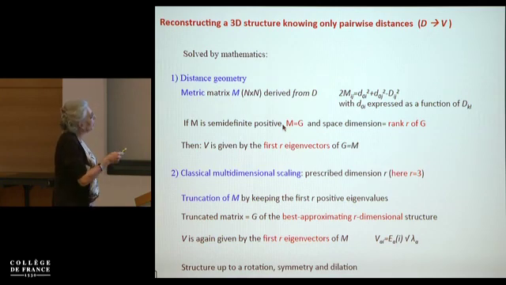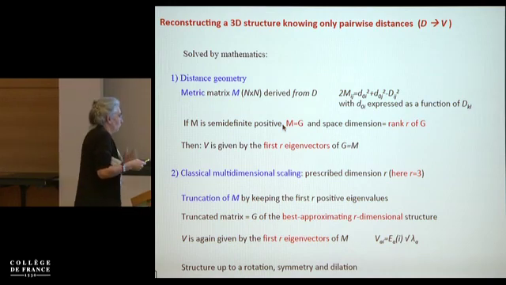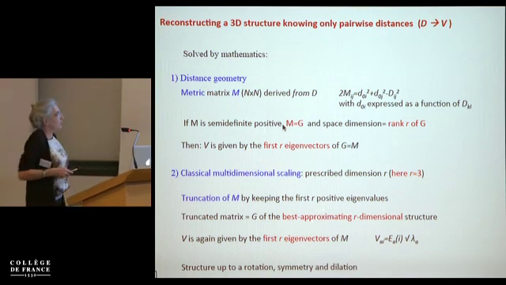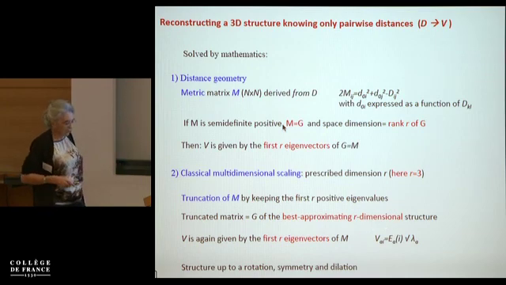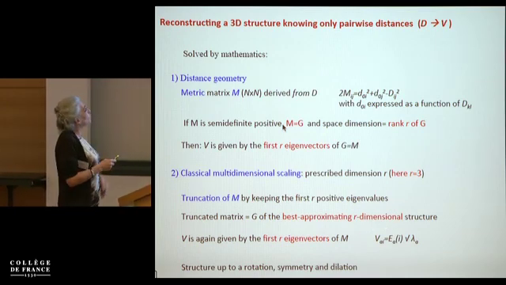So you have the exact mathematical result allowing to pass from a distance matrix to the Gram matrix and then to the coordinate vector, and an additional approximation step giving the best approximation in a given dimension, which is here 3.